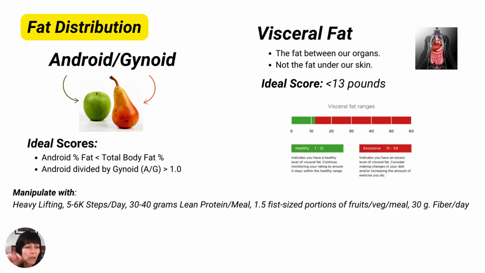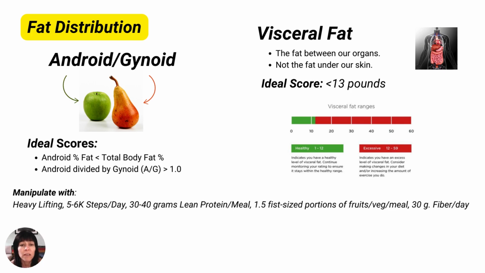A, we want your android percent fat, or your apple-shaped belly fat, to be less than your total body fat percentage. And then we also would like an android to gynoid ratio of less than 1.0, not greater than, like I wrote there. So if you divide android percentage by gynoid, you should ideally get less than 1.